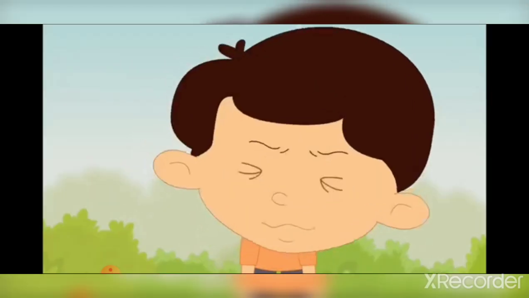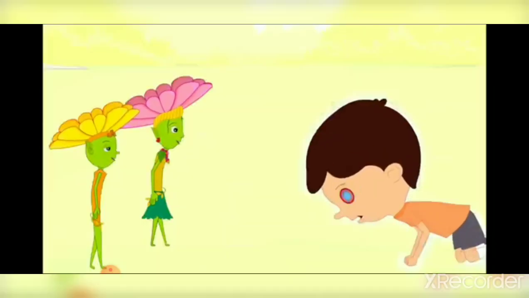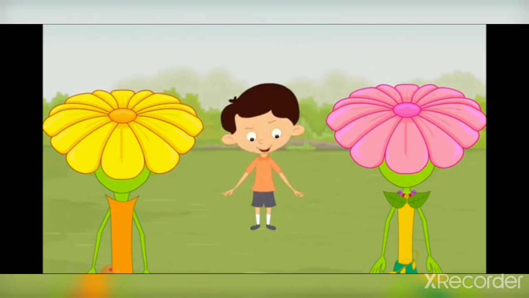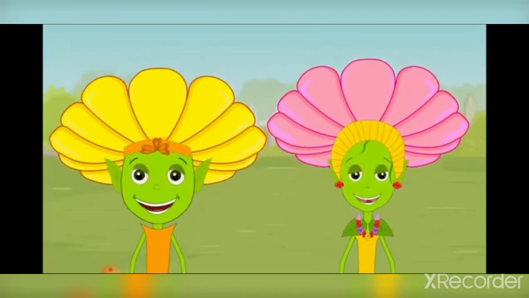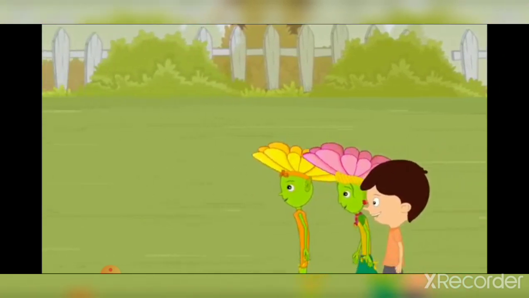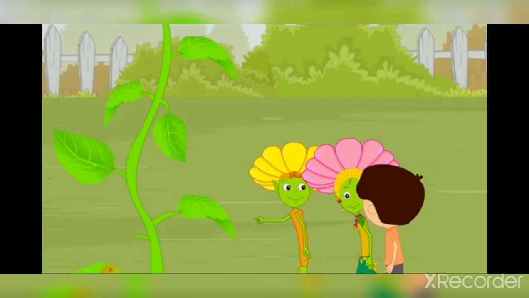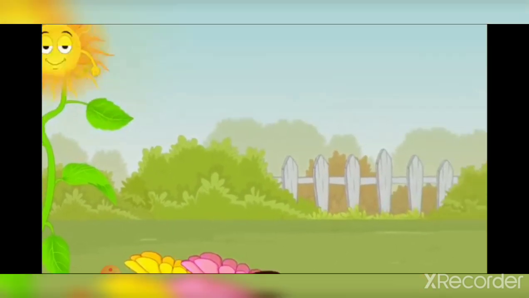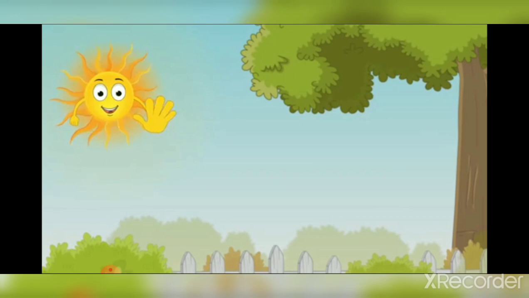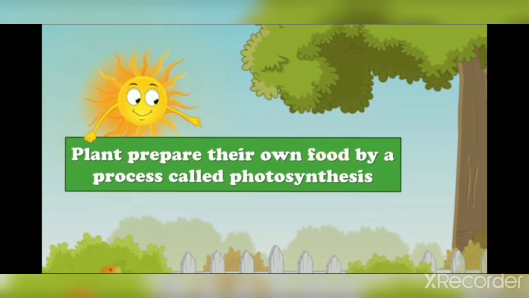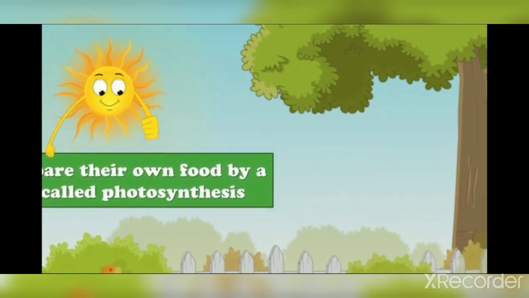But the boy is big, so he becomes little now. The flower shows the boy that it is our house, the plant. So the plant prepares its food by this process, photosynthesis, which we learned today.